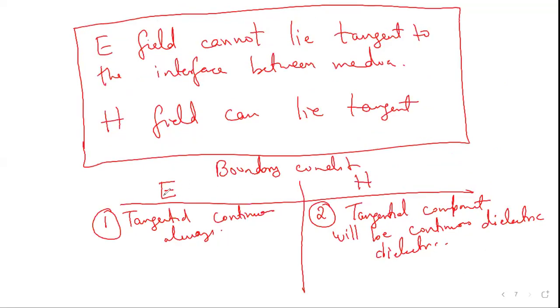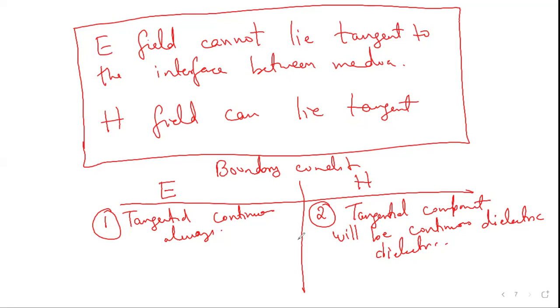Whereas electric field is always continuous. You take a dielectric, tangential components of the electric field will always be continuous. That is ET1 minus ET2 will be zero. Continuous means ET1 minus ET2 will be zero. But for a magnetic field, the tangential component, that is HT1 minus HT2, will be zero only when you have a dielectric interface.